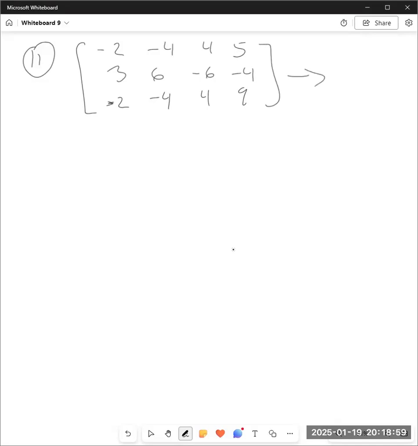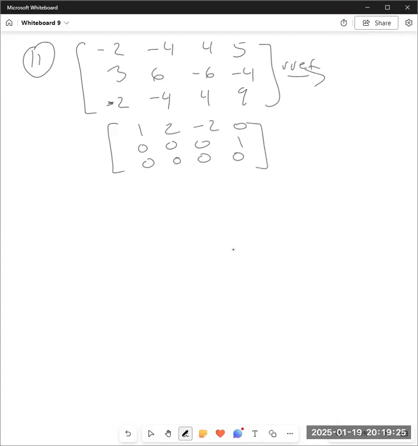And when I RREF that, I get 1, 2, negative 2, 0, 0, 0, 0, 1, 0, 0, 0, 0.